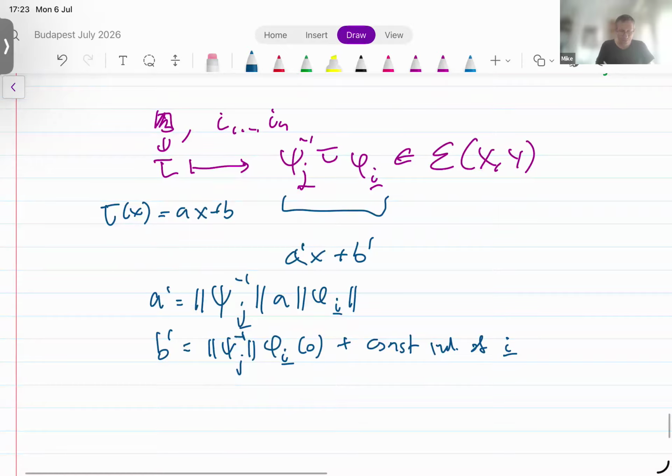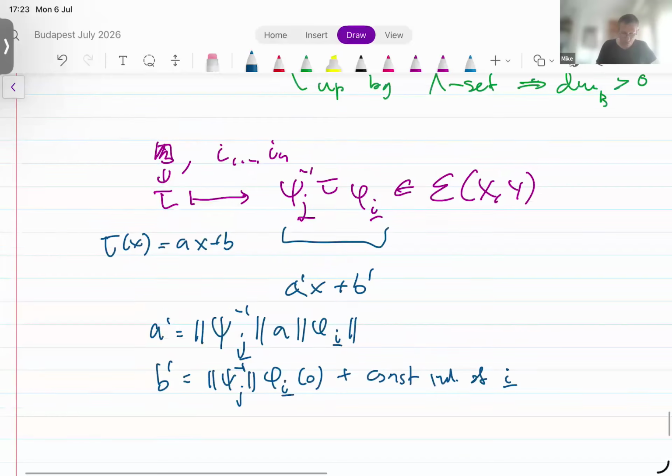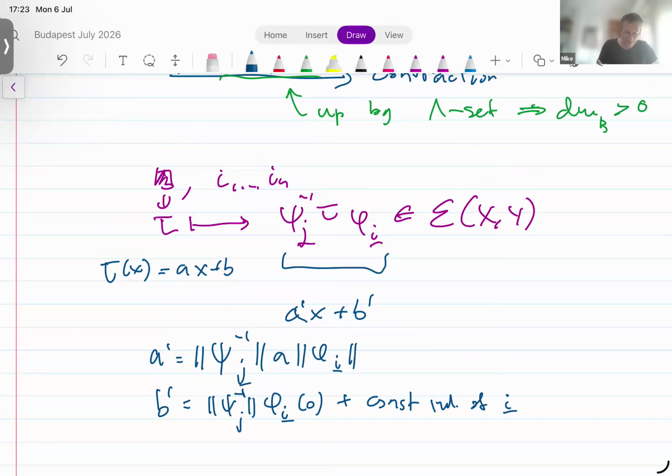Now, why is this important? First you have to think about what happens when tau varies inside a small cube. Suppose that the cube has side 2 to the minus n. It's a small dyadic cube. Its contraction ratio varies by that much, and its translation constant varies by that much.